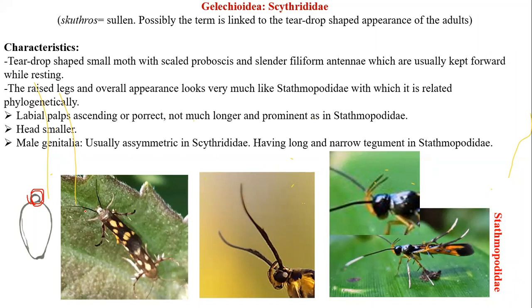And this species, which I am showing you in this image, the Eretmocera impactella, is a very well-known representative of this family from the Indian subcontinent.